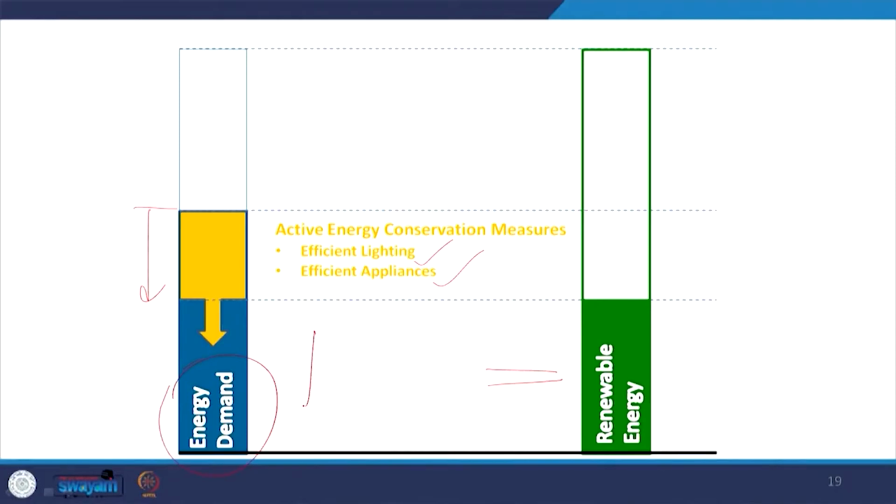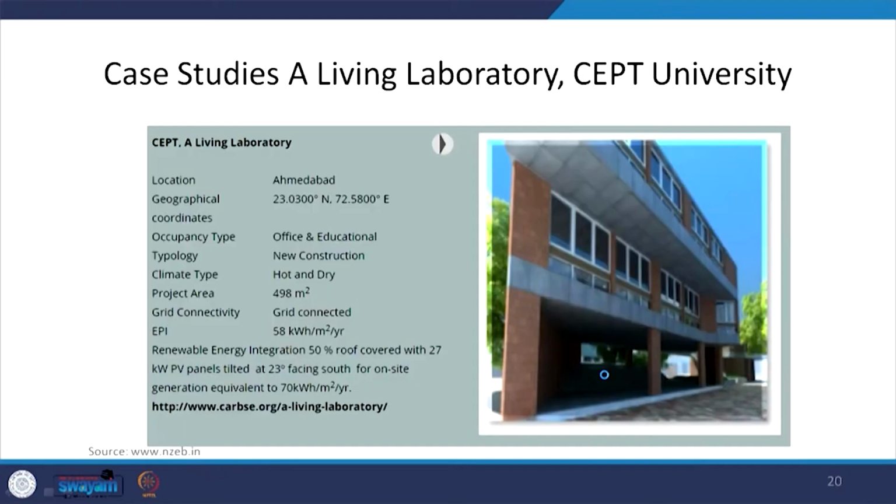First of all, reduce the energy demand, and whatever that reduced energy demand is, we substitute it using renewable energy. This concept of net zero energy is picking up momentum across the world and also in India.